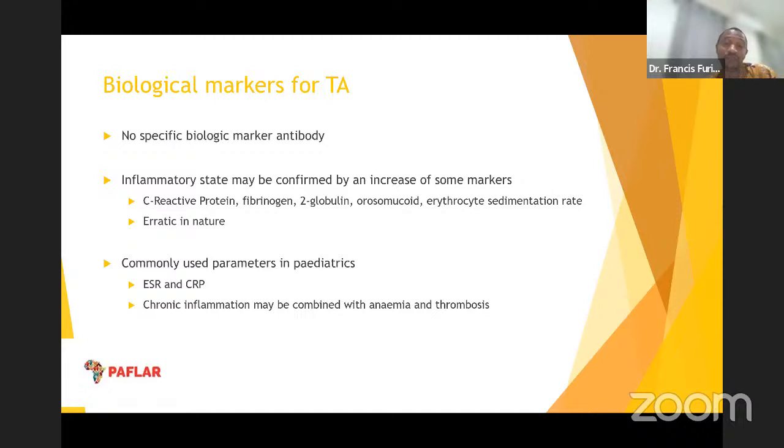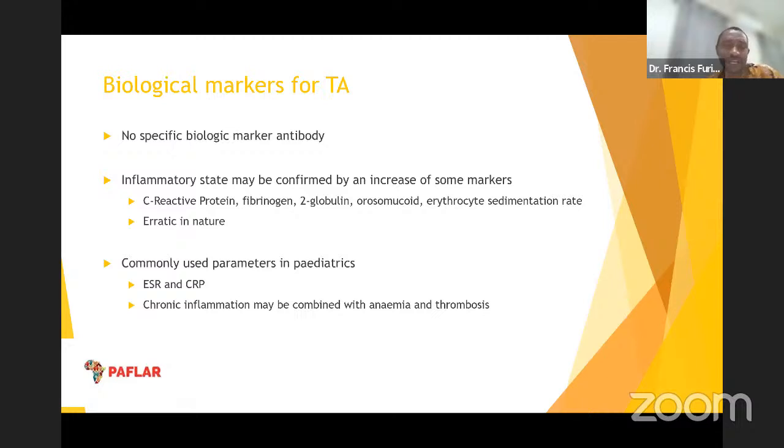Of course, acute phase reactants are important markers that have been identified that should be looked for, which are aiding the diagnosis. Unfortunately, they are very non-specific, and if they are increased, that can confirm that there is inflammation. But if they are not increased, there's no way you can say that there is no active disease.